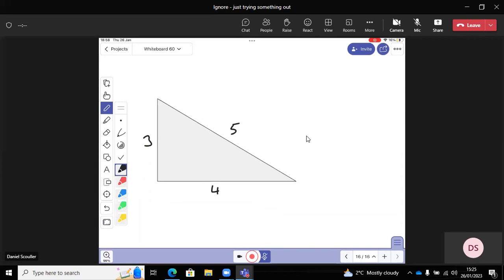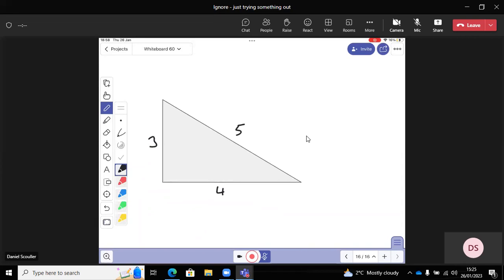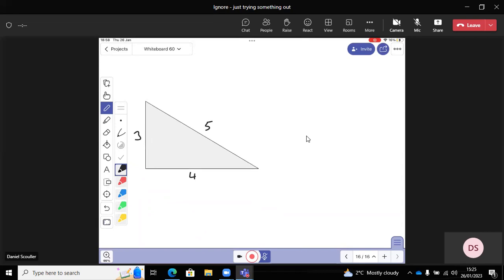One side's 3, one side's 4, and that longest side is 5. It will ask you something along the lines of prove, or is this a right angle triangle? Or it will ask you to prove a statement, which is the past paper question we'll look at.